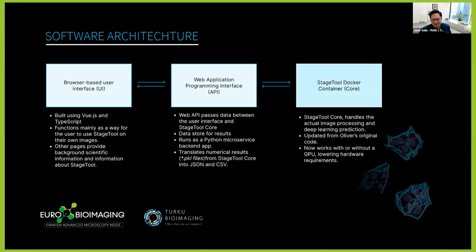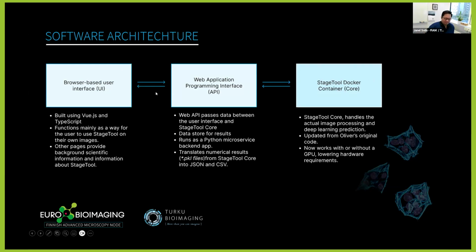So here is a basic scheme of the architecture that we decided to do. Stage tool Docker container on the right side here is the core packaged. This is everything that Oliver and his team had made. And then we made this server application that talks to the stage tool core and the user's browser.